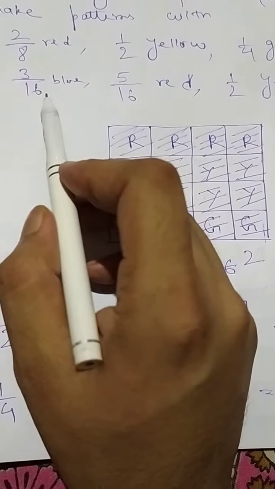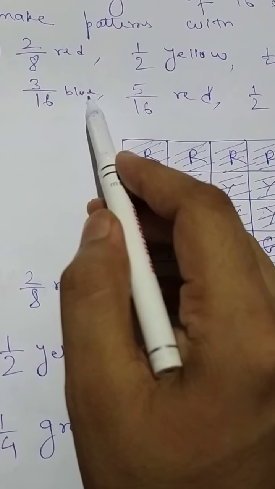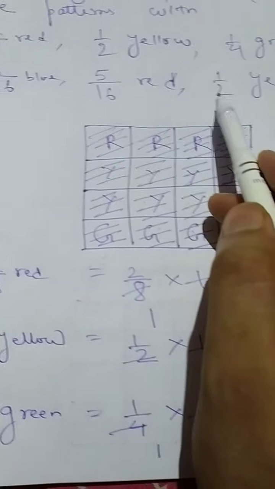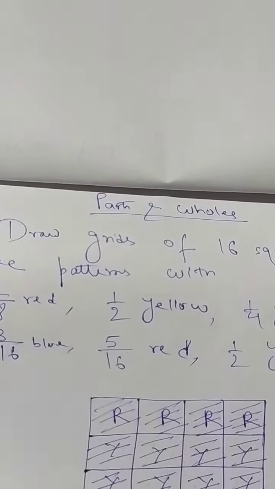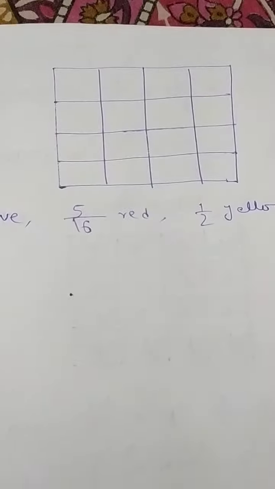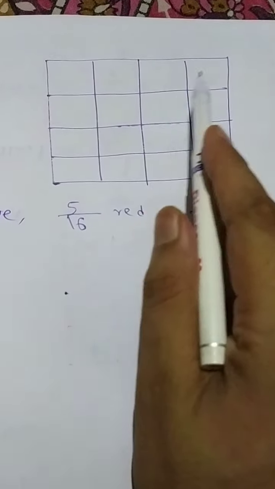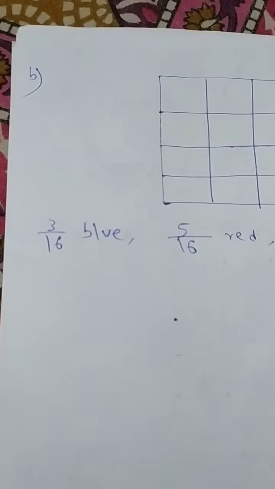Next one is, you see, same 16 squares. You have to do 3 by 16 blue, 5 by 16 red and half yellow. So let's go to the next page. So this is the question. Again, I have drawn first grid of 16 squares. Total there are 16 squares. So first one is 3 by 16 blue.